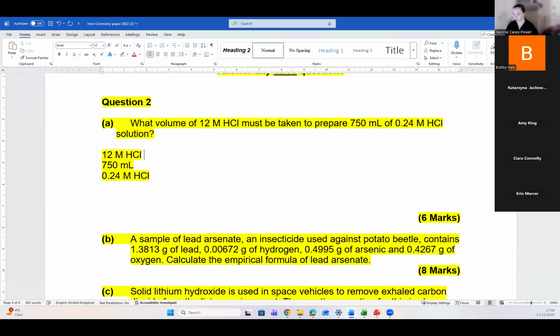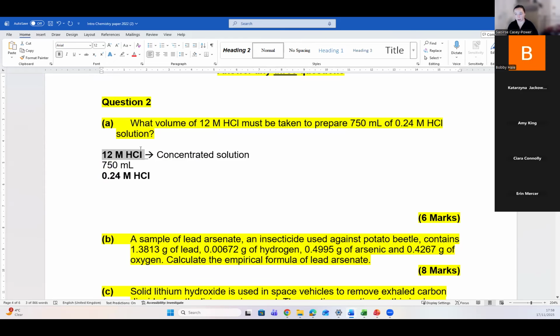Okay, so what you should be thinking now is that this is a concentrated solution. If you look at the differences in the concentration between your starting solution and the solution you're going to prepare, it's incredibly diluted in comparison.